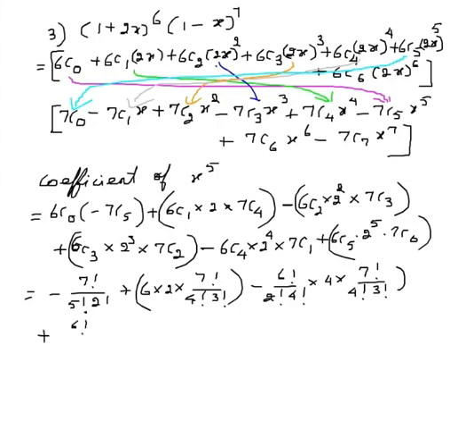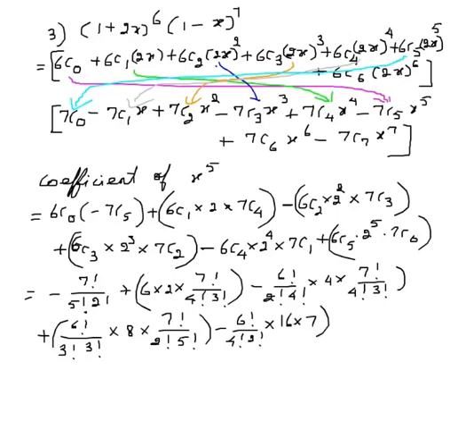Plus 6c3. 2 cube is 8. 7c2 is 7 factorial divided by 2 factorial times 5 factorial, minus 6c4. 2 raised to 4 and 7c1 is 7, plus 6c5 is 6. 2 raised to 5 is 32. 7c0 is 1.